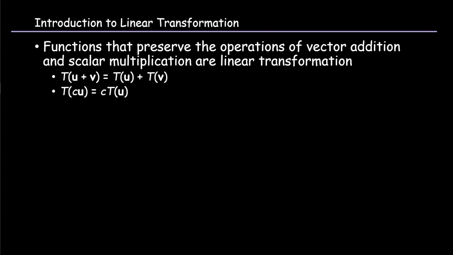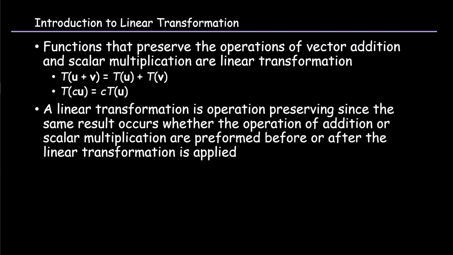So the reason why a linear transformation is considered operation preserving is because the result is the same whether you do the operation of addition or scalar multiplication before or after the linear transformation is applied.